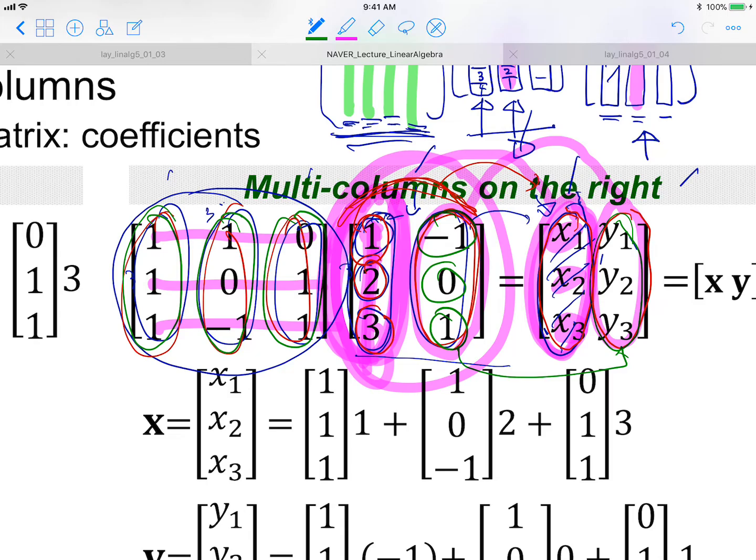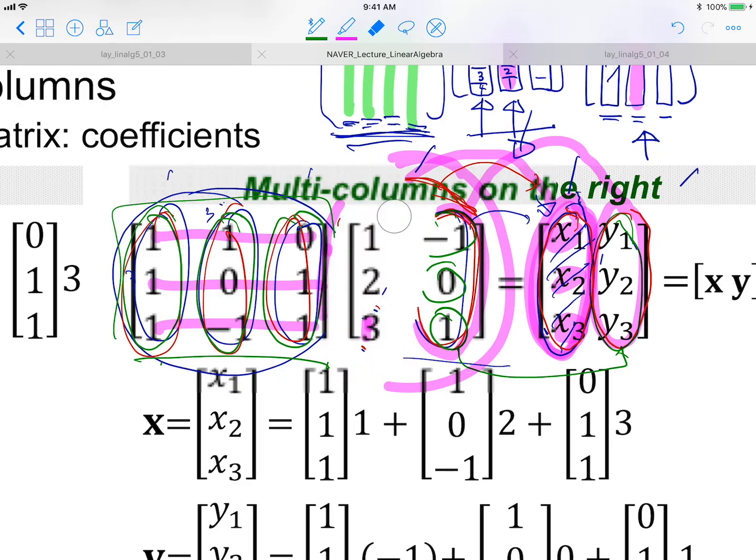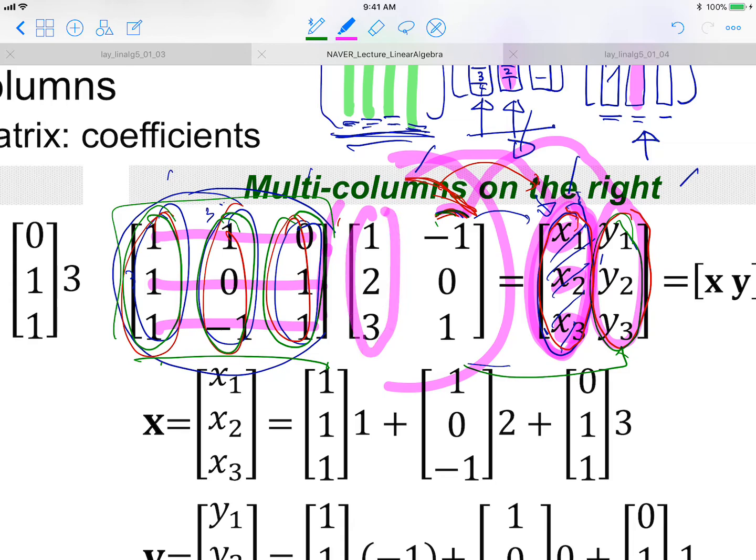In summary, the left matrix provides the common ingredient vectors to be used for the linear combination, right? And in the right matrix, each column works as a set of linear combination coefficients that forms the linear combination vector using these common vectors. That forms the first column, and the next set of coefficients forms the second column in the resulting matrix.